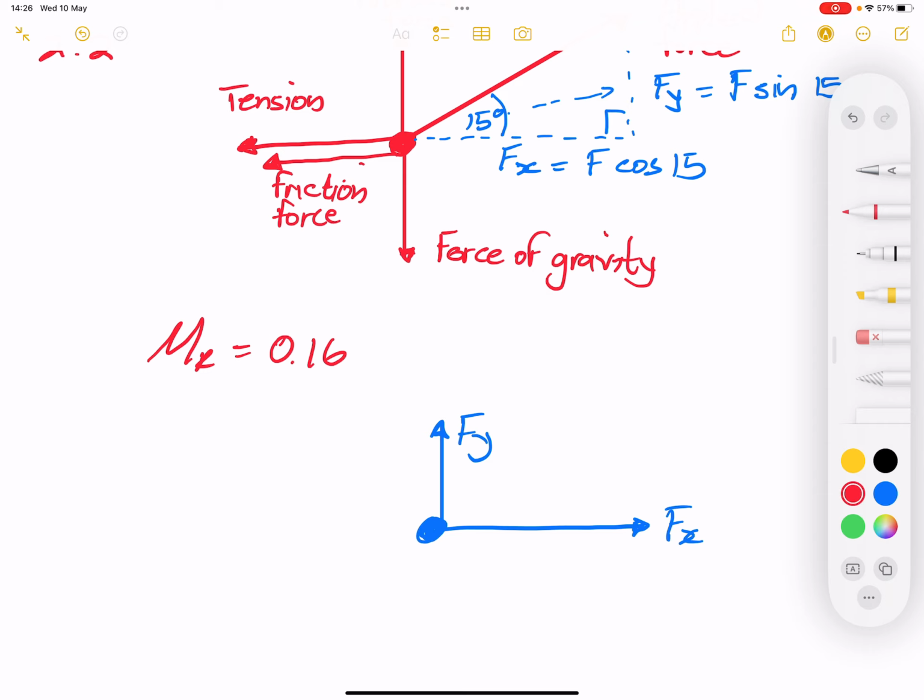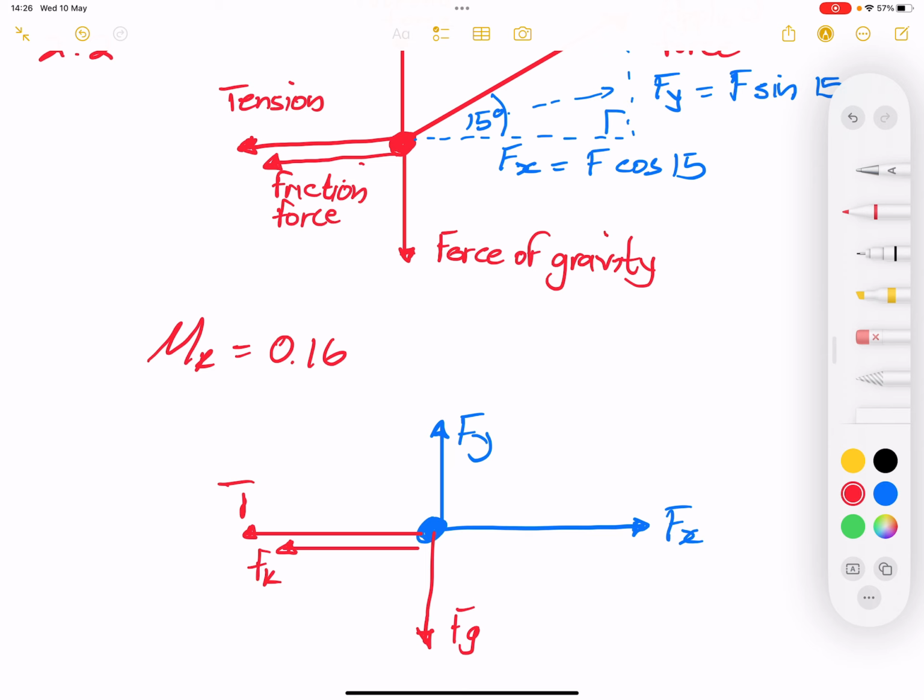Now note in this case we've got our tension, so I'm just going to use T there. We have frictional force, and we know that our frictional force in that case also acts in that direction, so I'm going to call it Fk, as well as gravitational force, Fg, acting there.